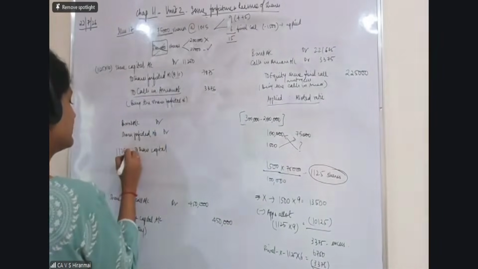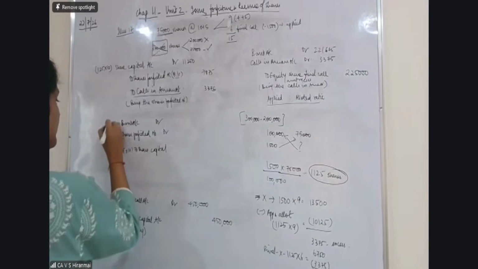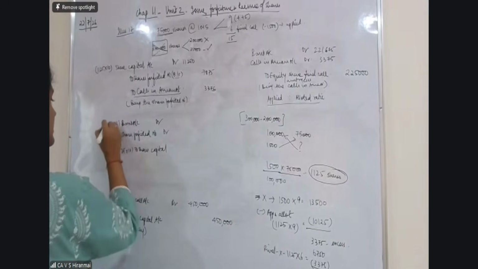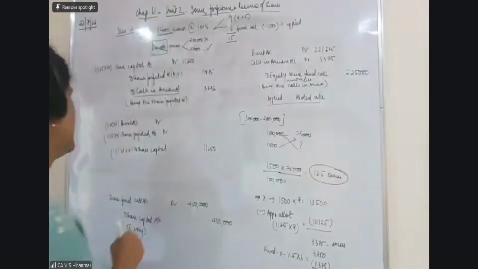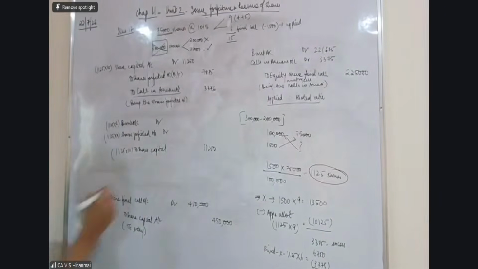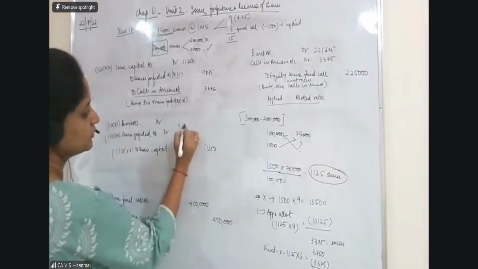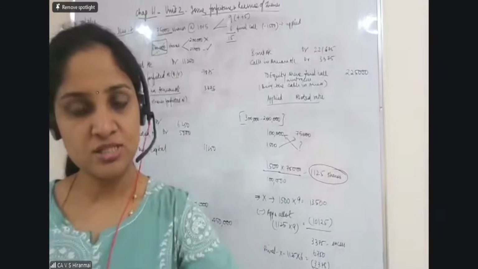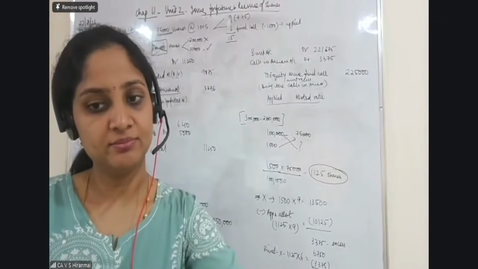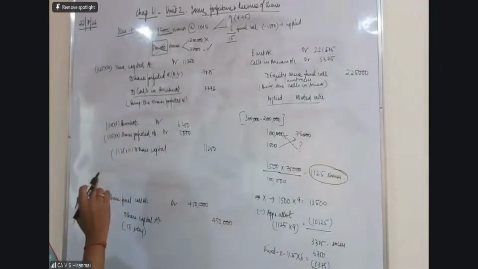So 1125 into 10. This is 1125 into 4. This is 1125 into 6. 11,250. 1125 into 4 is 4,500.